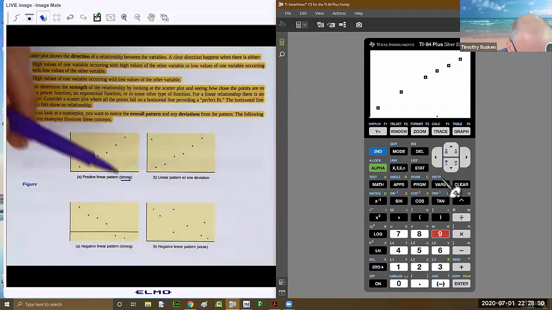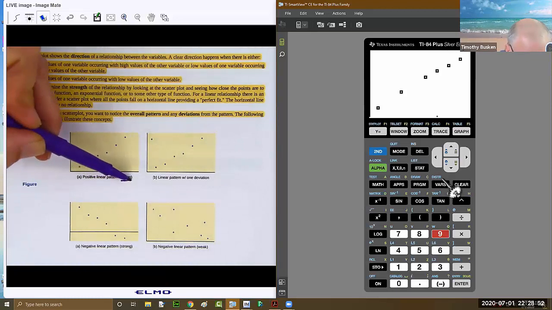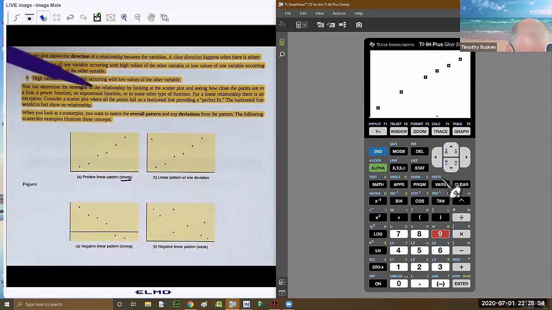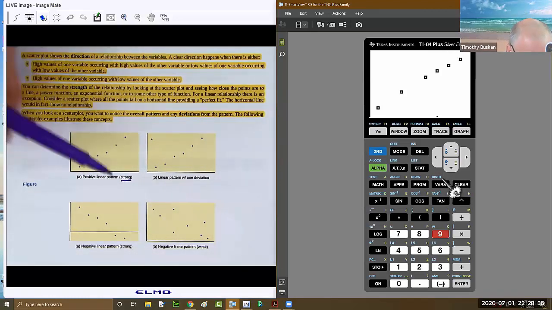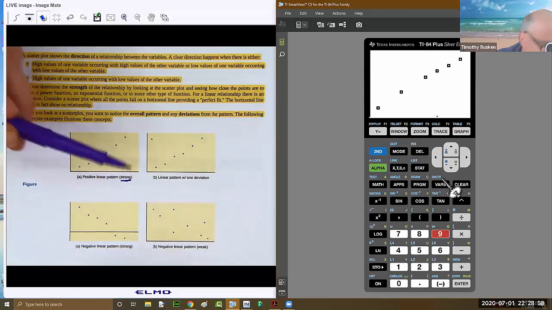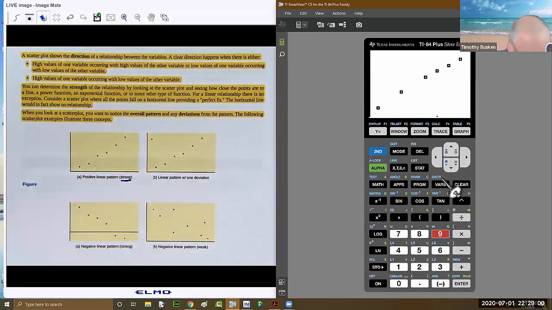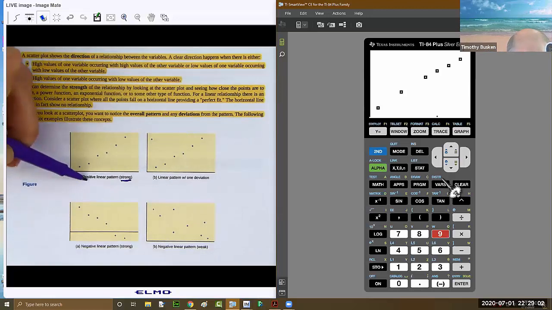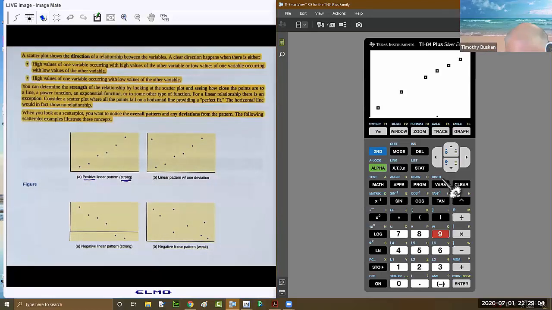So the strength of the relationship is strong, and the direction would be positive. One reason that's the case is because in this case, high values of X occur with high values of Y.